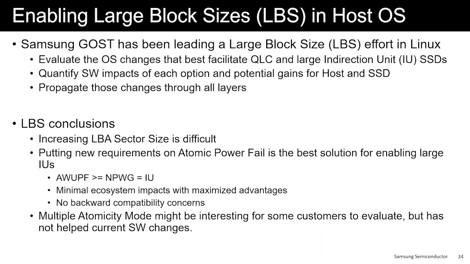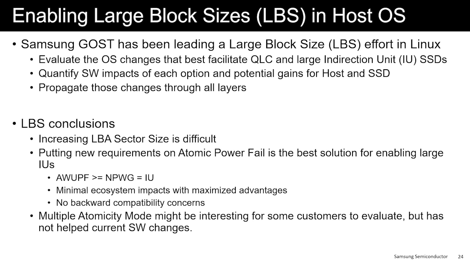So some coworkers at Samsung, our open ecosystem team, have been leading a large block size effort in Linux, and they've evaluated the OS changes. They've been doing this to facilitate these QLC drives, and actually all large capacity drives. A TLC drive is also able to have a large indirection unit and quantify the software impacts.